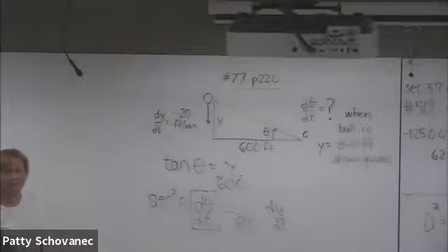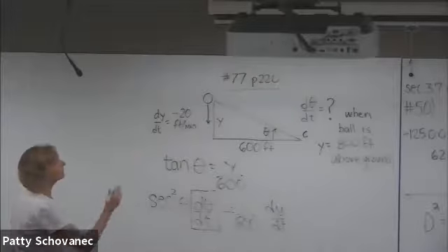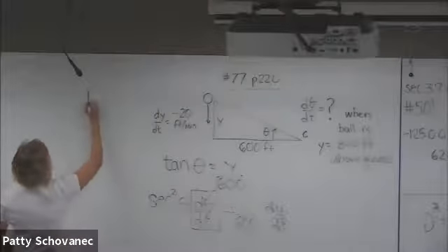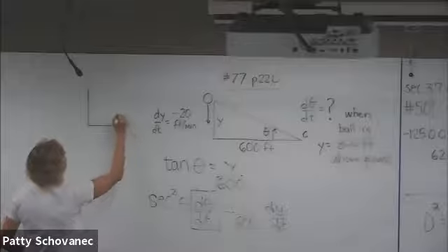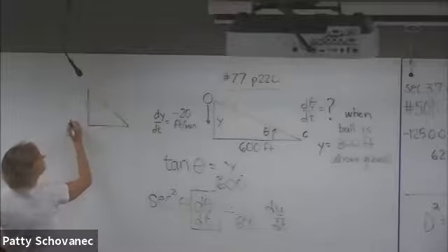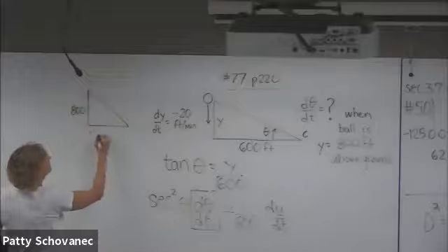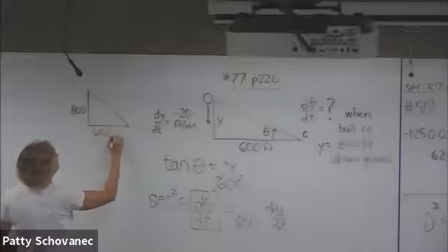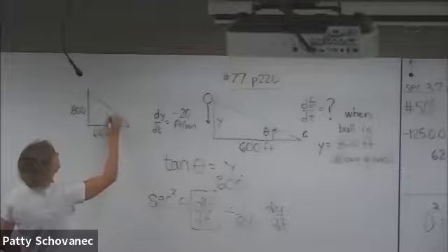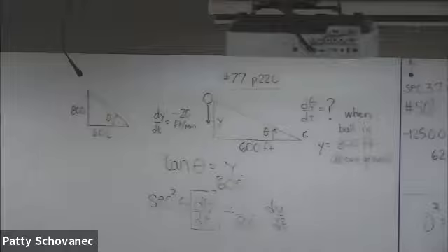Well, we haven't used the 800. There's your clue. So let's stop the ball, whatever thing is falling here. At some instant, this is 800 and this is 600. Do you know anything about theta or the secant of theta at that time?